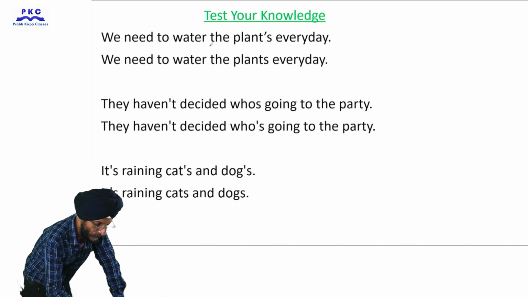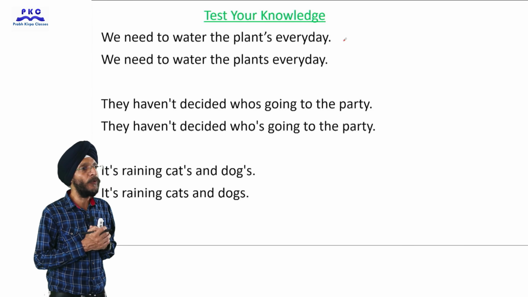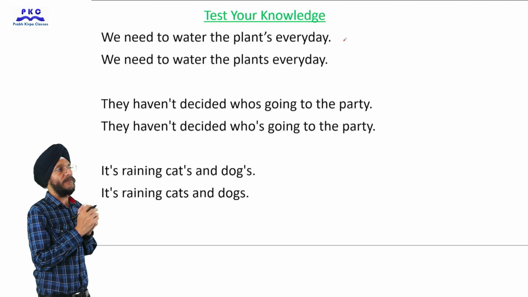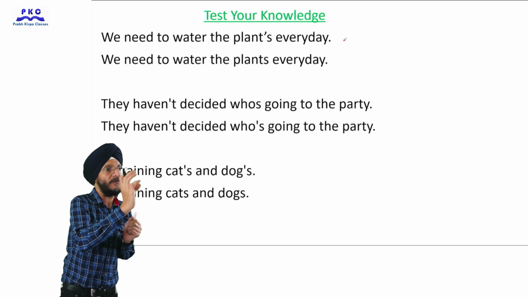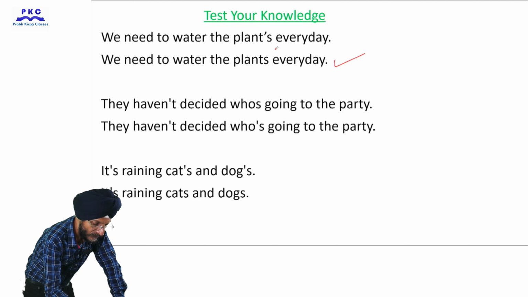We need to water the plants every day. Here it means that the plants regularly need water. Here, we are talking about plants in plural. So here it is correct.